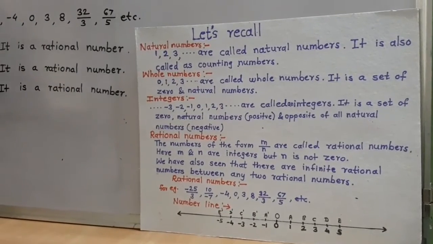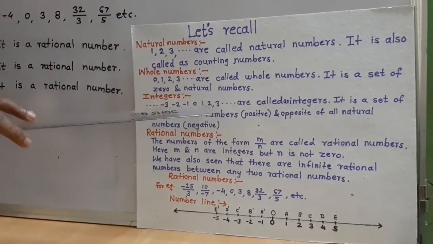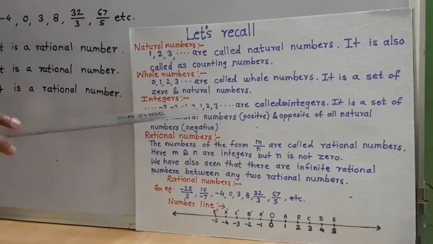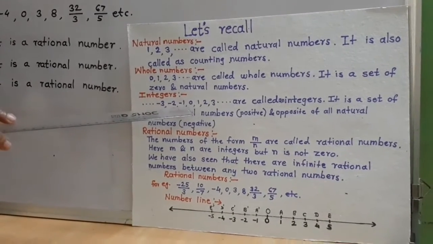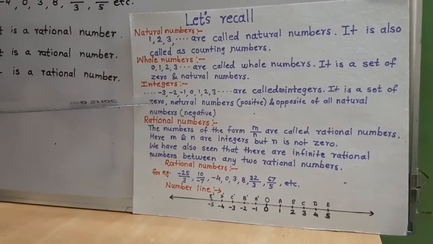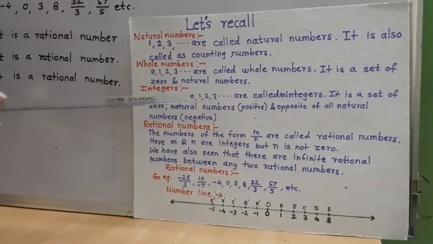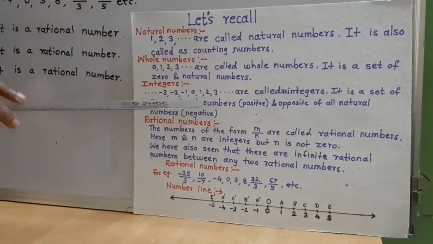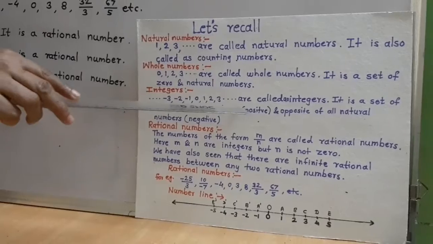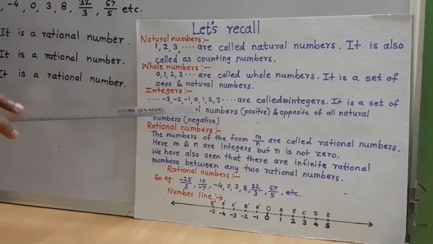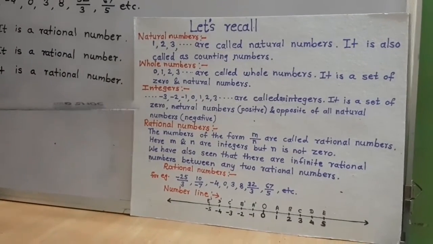It is a set of natural numbers, 0 and opposite of all natural numbers. We can say that it is a set of positive numbers, 0 and negative numbers.